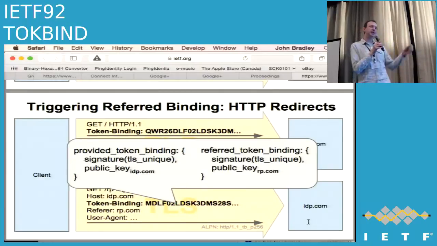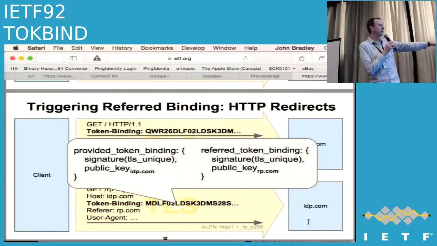So the question is, since there's two TLS connections going on here, one to the IDP, one to the RP, what are these TLS uniques that I mentioned here? Because there's two of them. And there's not two of them, it's the same one. It's the one between the client and the IDP. So what is being proven is that this client controls these two private keys.